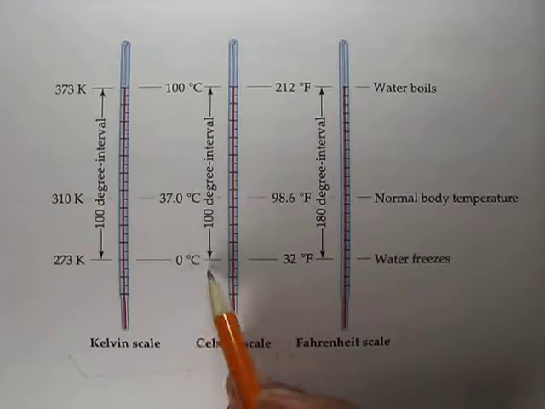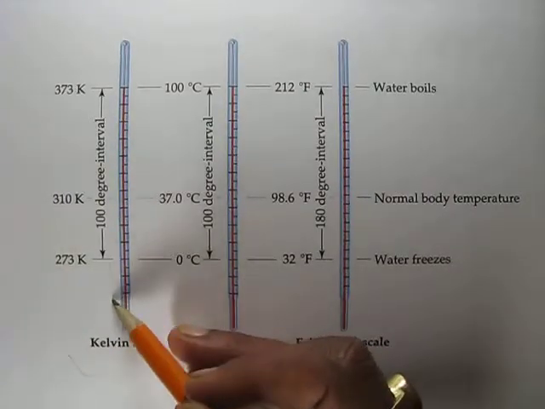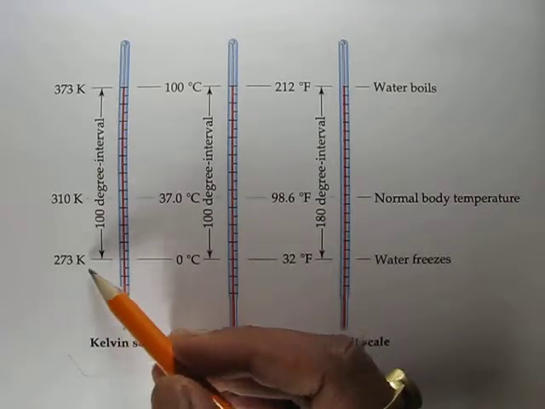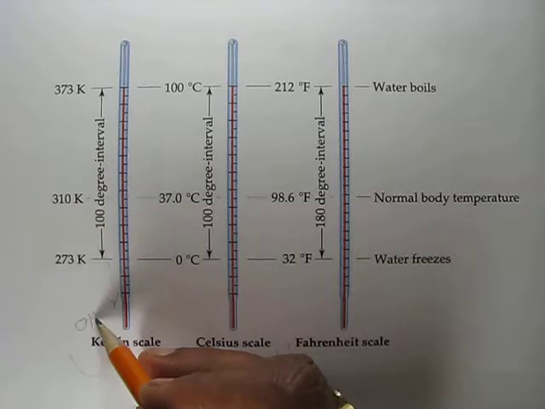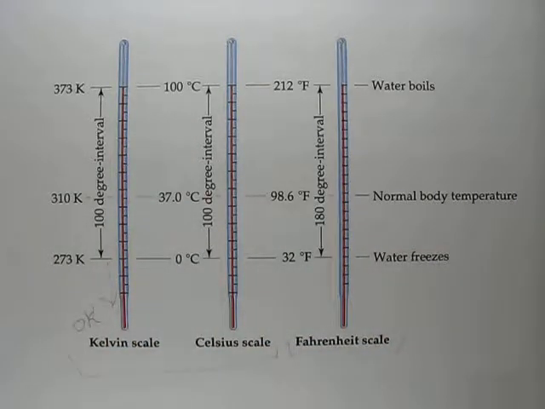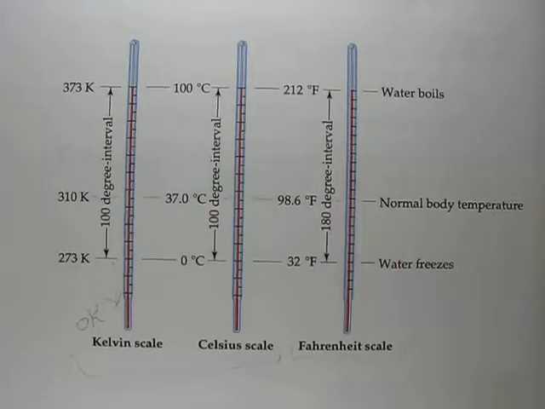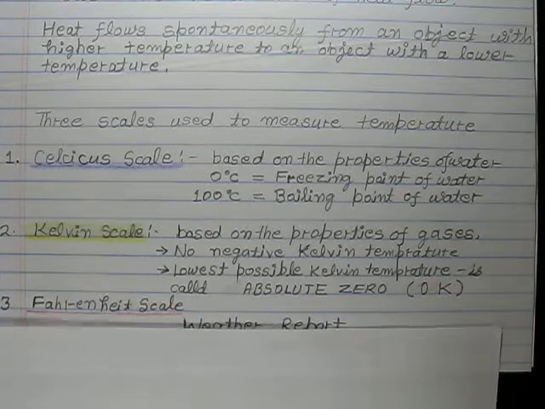So you can see in the Kelvin scale there is no negative scale. It can go down to 0 Kelvin, but that temperature is hypothetical. It never reaches 0 Kelvin. That is why it's called absolute 0.